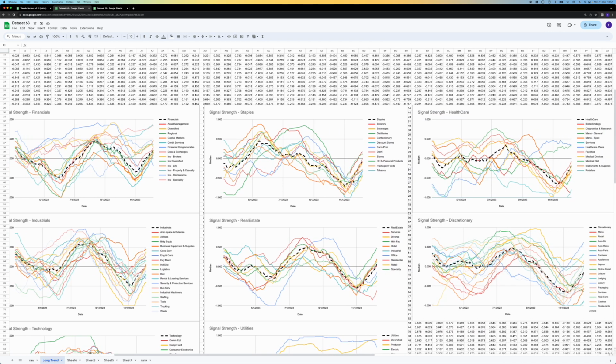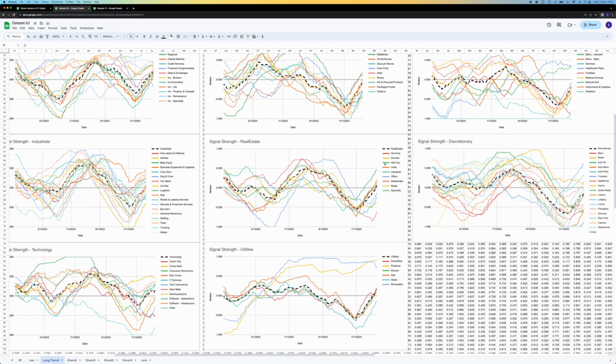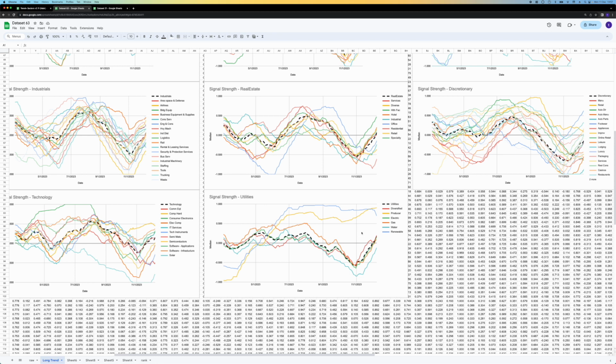Staples were all really depressed. Real estate, which is having a bounce now, the same. Utilities, so these two were renewable, that would be CEG, which we were along for a really long time. Producer, that would be NRG, I guess.